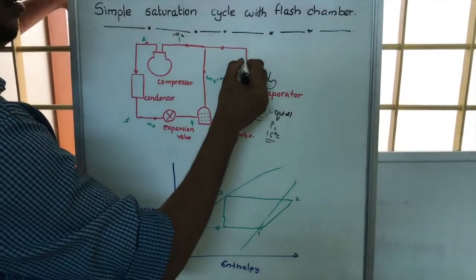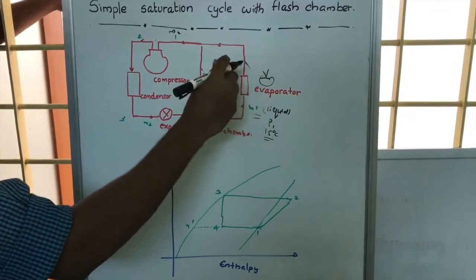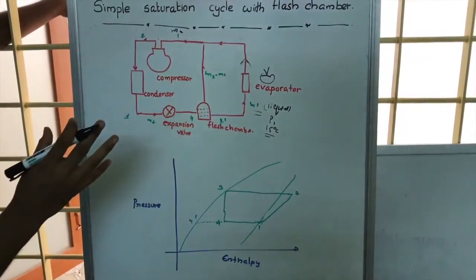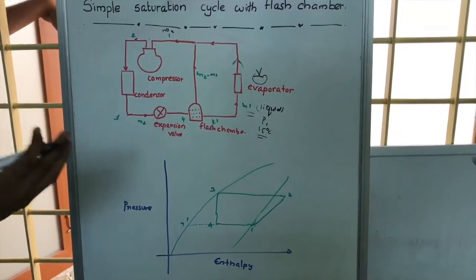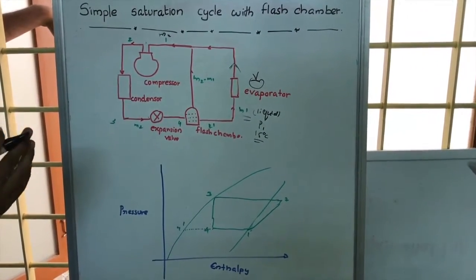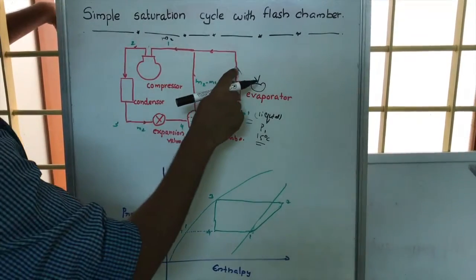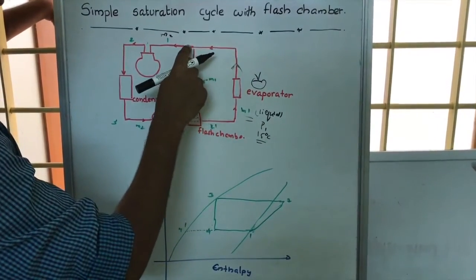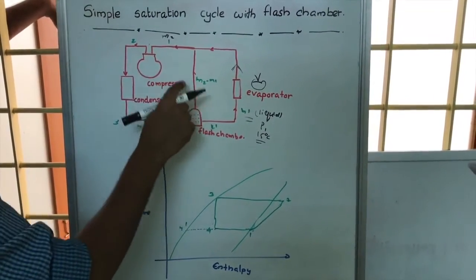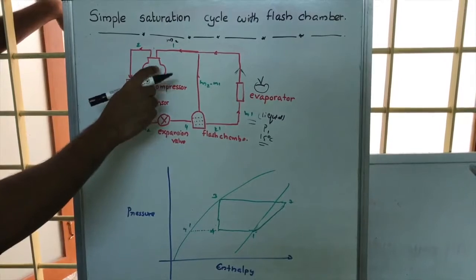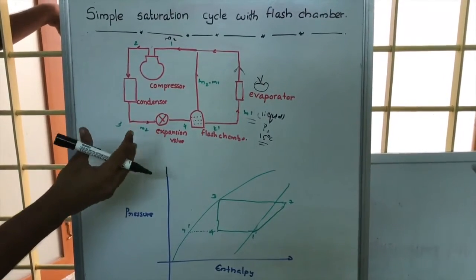Now the mass coming out of this evaporator will be in vapor form, or in a mixture of liquid and vapor, and usually it will be in vapor form. This vapor reaches the compressor, which we will discuss later, and it is compressed such that the pressure is increasing.